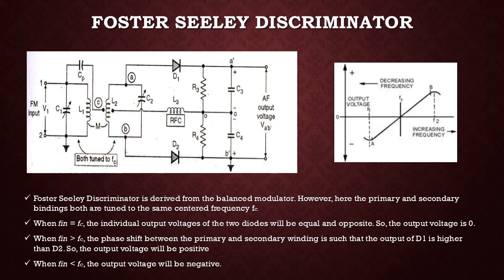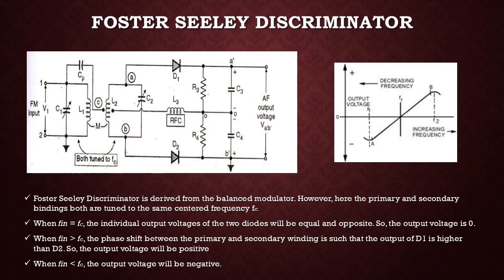So, the output voltage will be positive. When Fin is less than Fc, the output voltage of D1 is lower than the output voltage of D2, so the output voltage will be negative. And this is the frequency response curve.